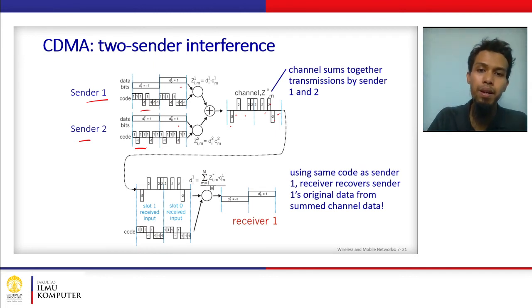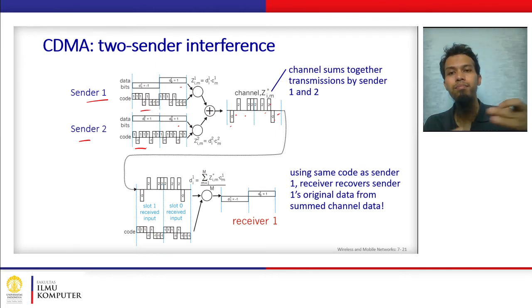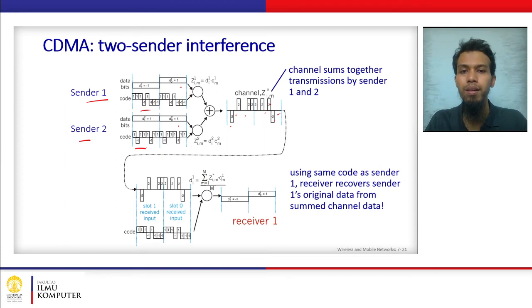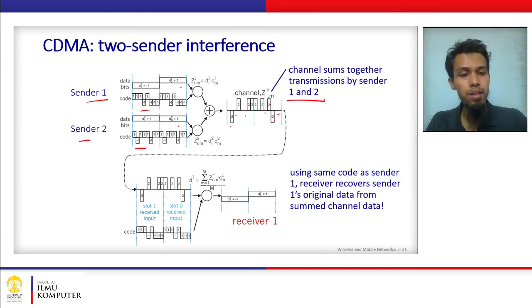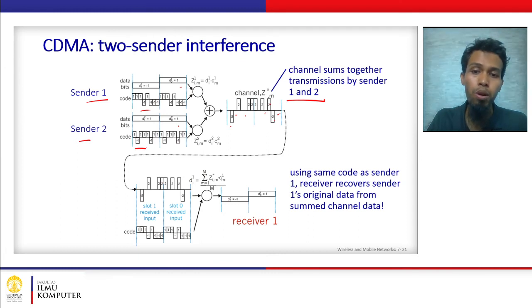This is the sum of the channels from sender 1 and sender 2 together. Now at receiver 1, the receiver for sender 1, we can do the same: take the inner product between the channel sequence and the chipping sequence of sender 1.